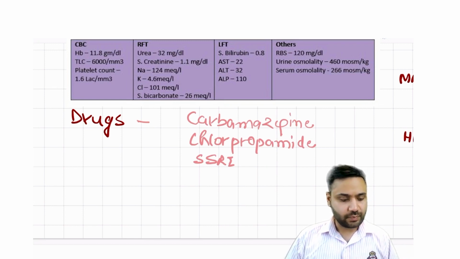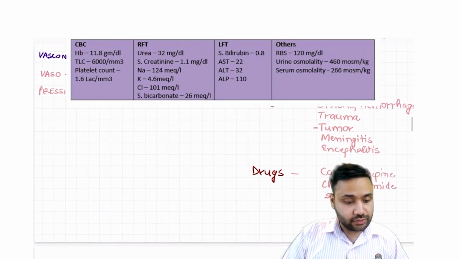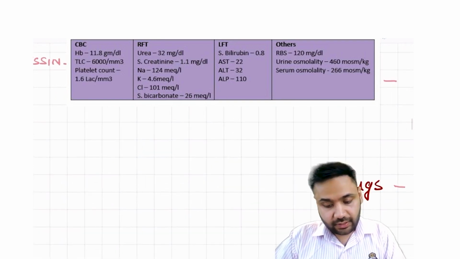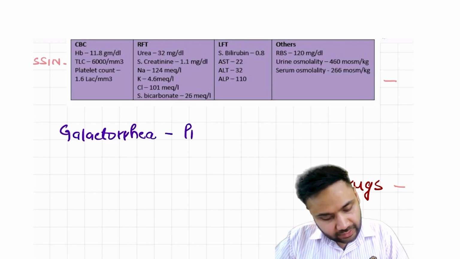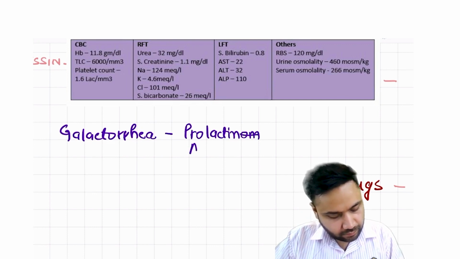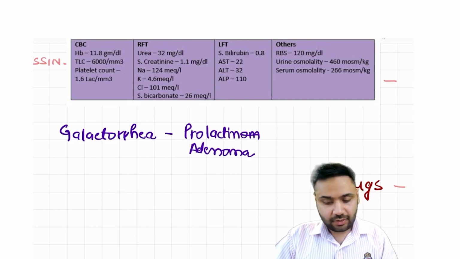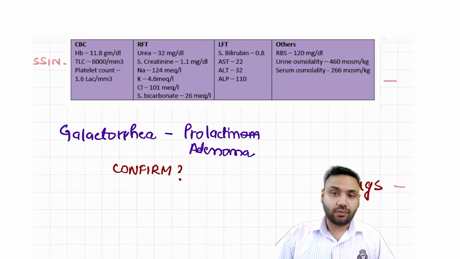So, in our patient, we saw that she was having galactorrhea due to prolactin adenoma, and the question towards the end of the last video was, how can we confirm the prolactin adenoma?